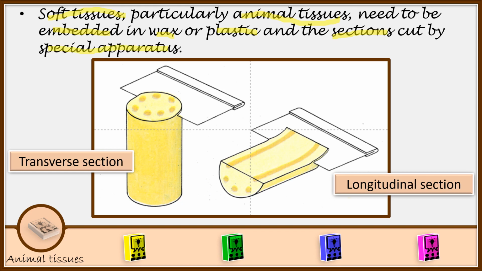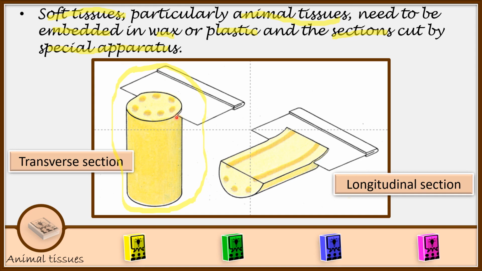So when we have a soft tissue, like animal tissue, it becomes very hard to cut. So for us to cut it, we have to embed it in wax or plastic so that it becomes hard, and when we are cutting the sections, we can use special apparatus.